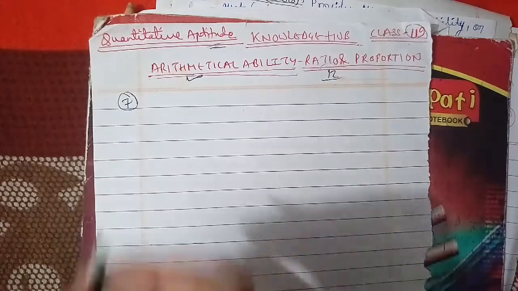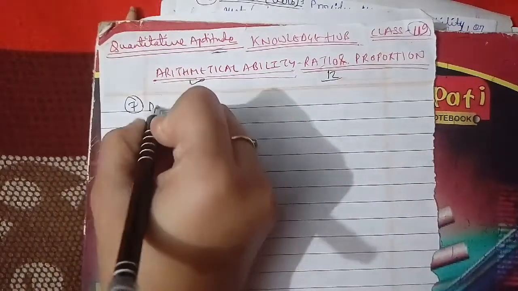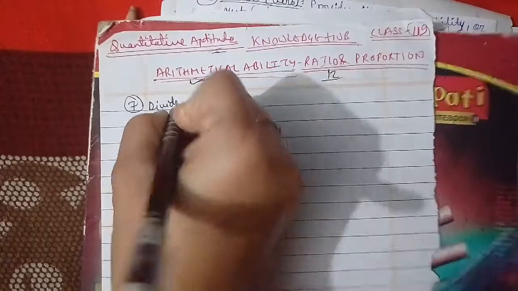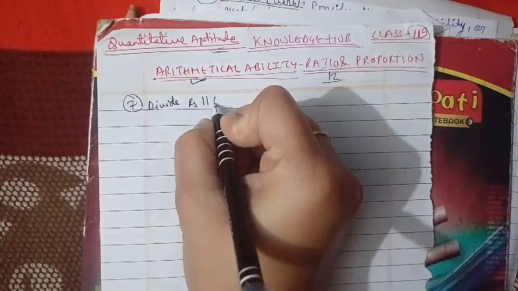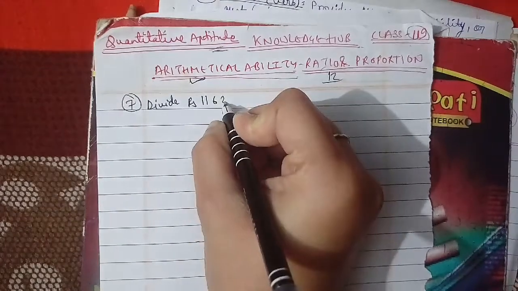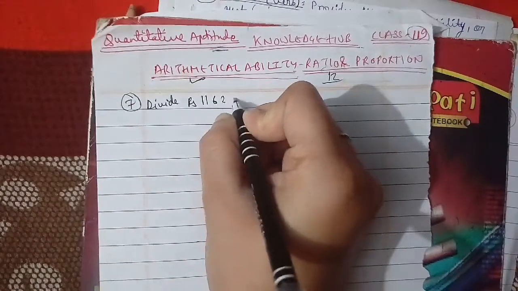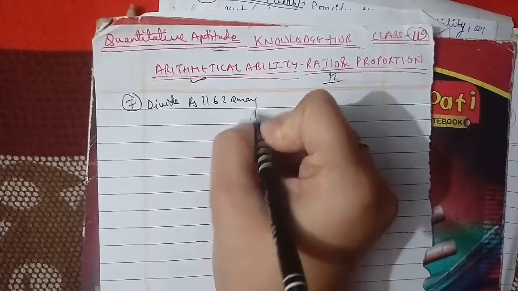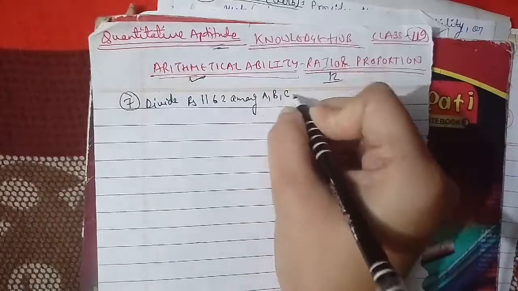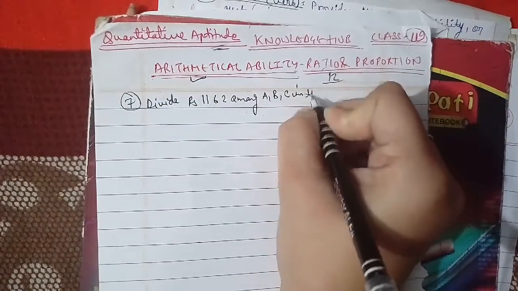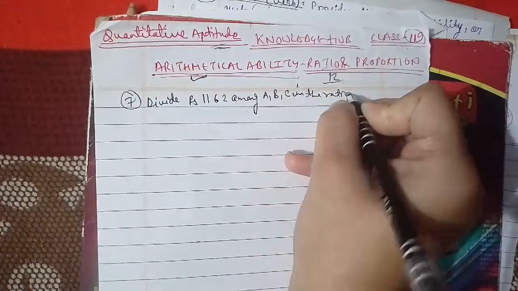Divide rupees 1162 among A, B, C in the ratio 35, 28, 20.